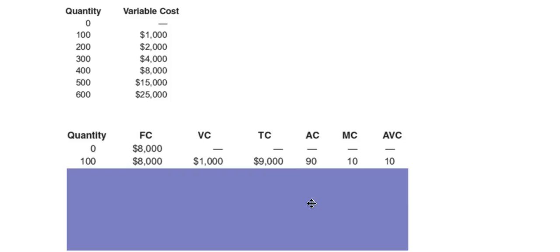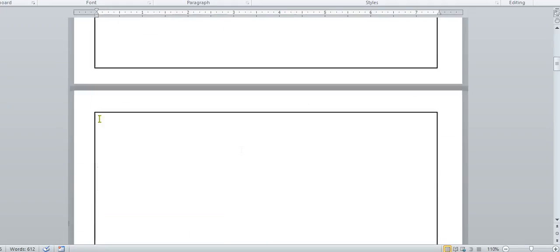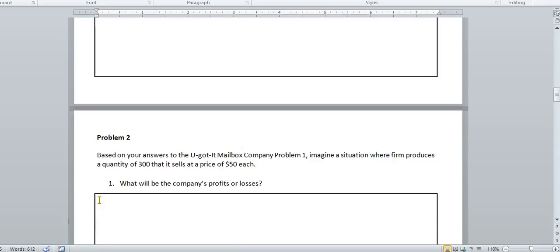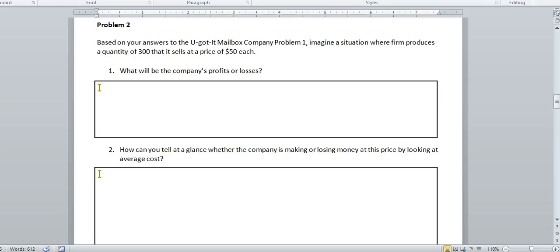that's problem 1. Now, problem 2, we're asking, based on your answers in problem 1, imagine a situation where the firm produces a quantity of 300 and it sells at a price of $50 each.